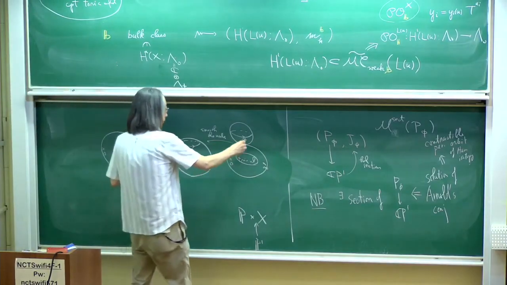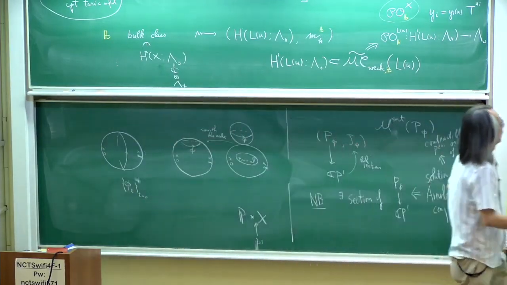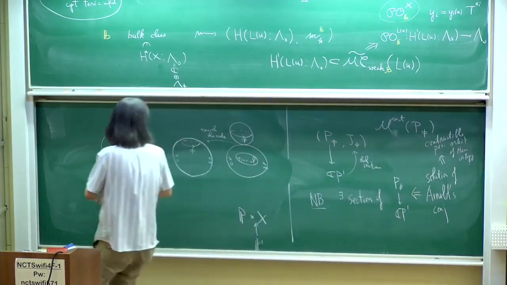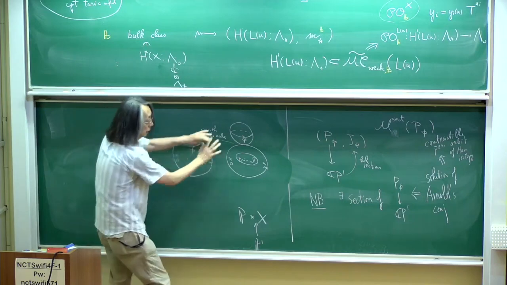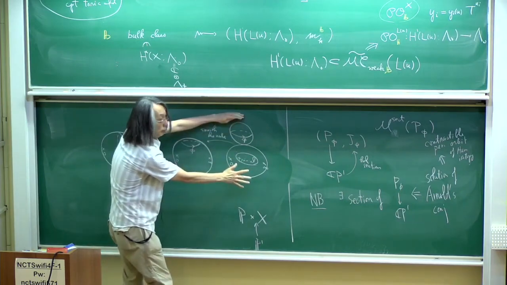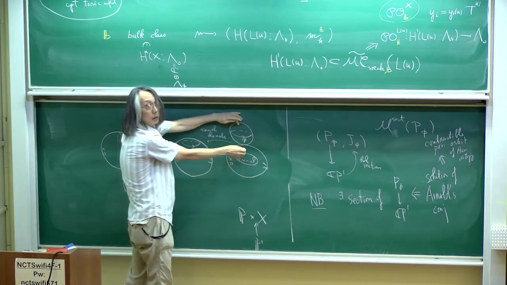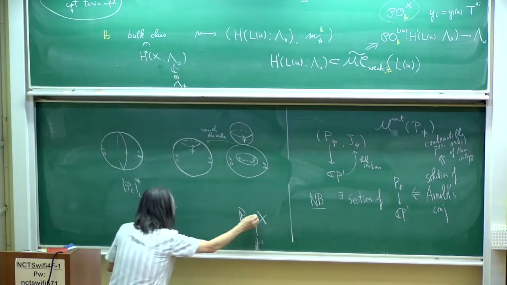So I don't put any constraint 0 here, but I just consider the image here, right? So if I consider a section here and a section here, then it decomposes into a section here and a section here. They meet here.